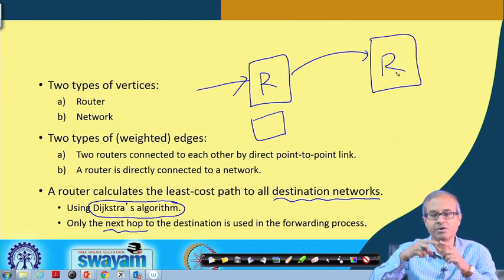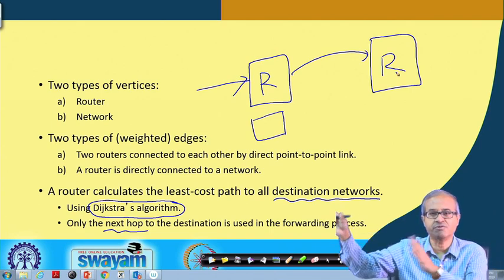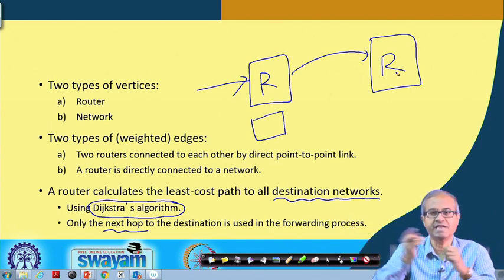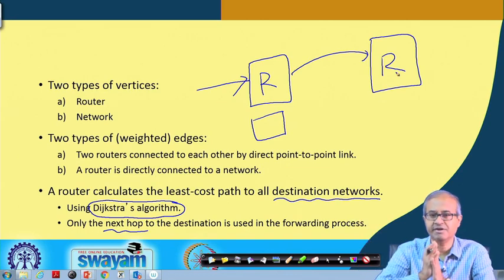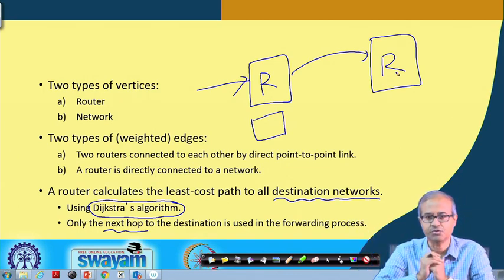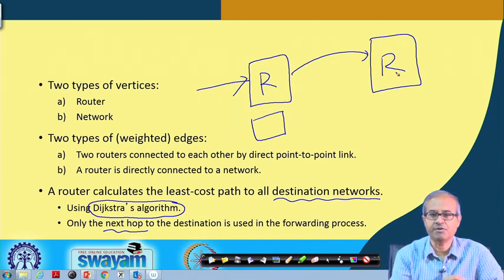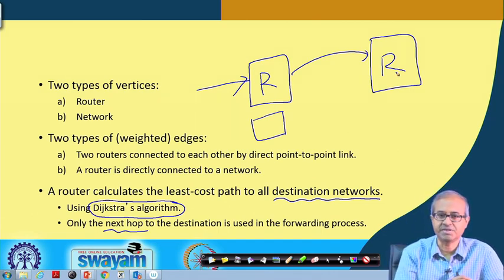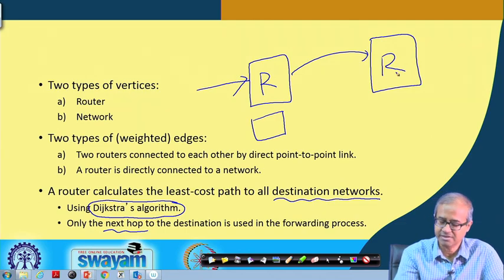It will not tell me the sequence of routers I have to follow, only the next router. Let the next router decide after that what to do. Here the packet forwarding happens on a next hop basis, it only sends to the next router and the next router will again decide after that.